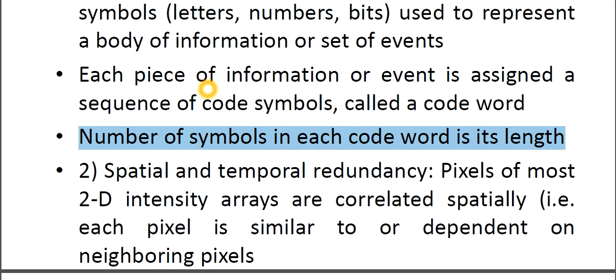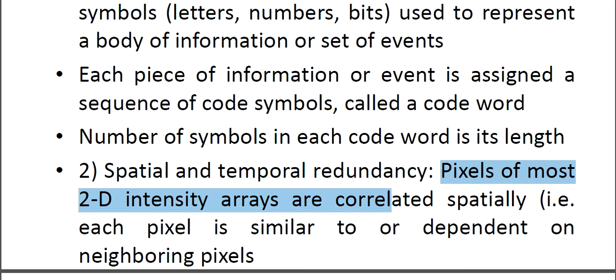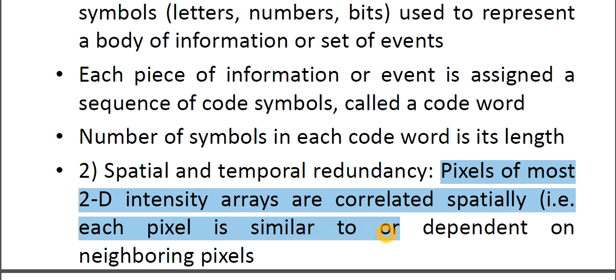Then we have spatial and temporal redundancy. Pixels of most 2D intensity arrays are correlated spatially, and you know spatially means each pixel is similar to or dependent on the neighboring pixels. We have faced this term spatial many times, and I have defined it in previous lectures also.